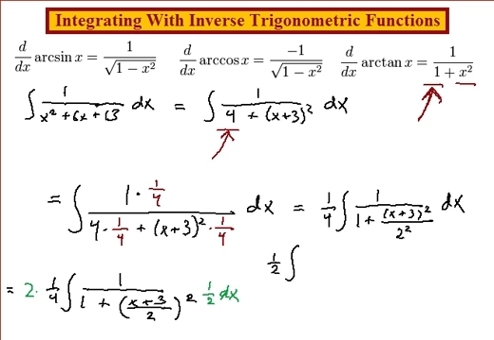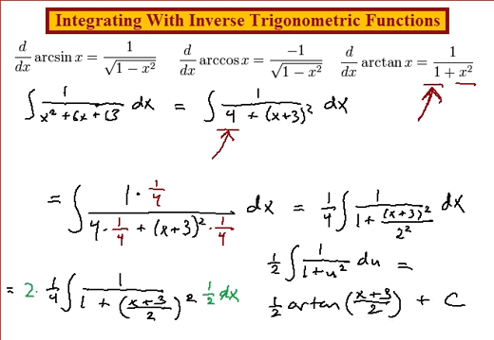Now we can define this integral in terms of just u alone. 1/2 times the integral of 1 over 1 plus u squared du. This was the goal all along. This is the derivative of arctan. So we get 1/2 of arctan of u, where u was x plus 3 over 2, plus c. There you have it.